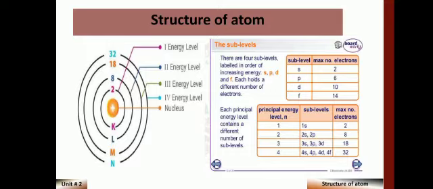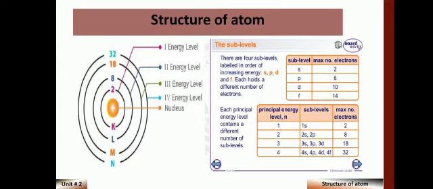In principal energy levels like N, the first energy level has sub-level 1s and it contains 2 electrons. The second energy level has 2s and 2p, with a maximum of 8 electrons.